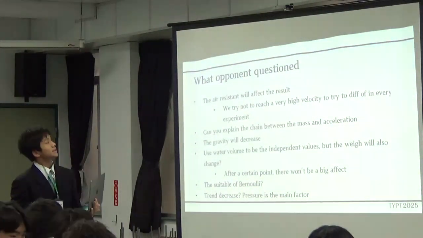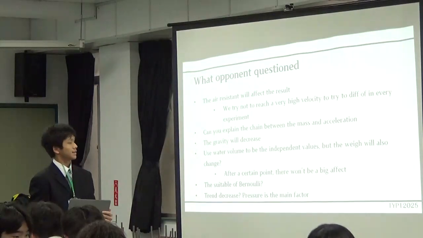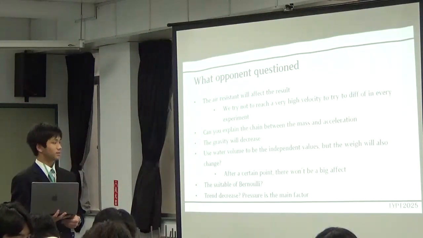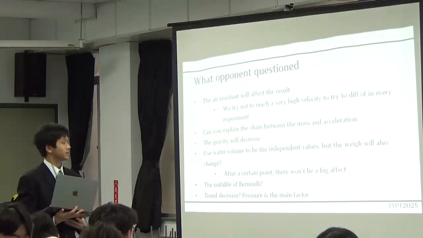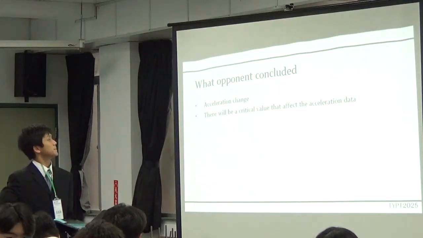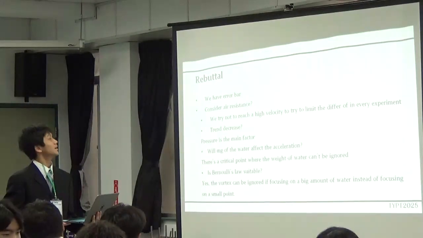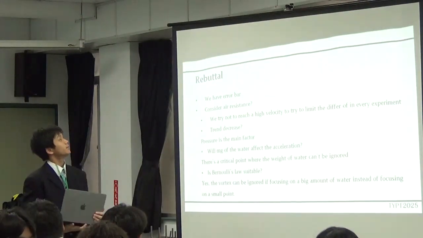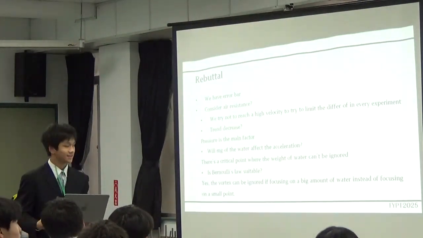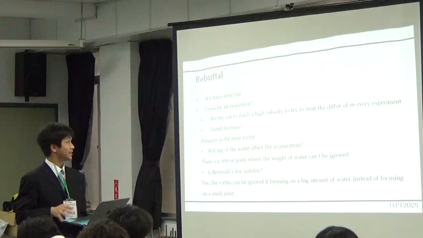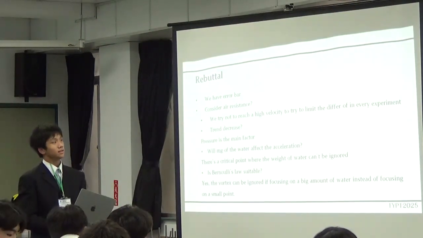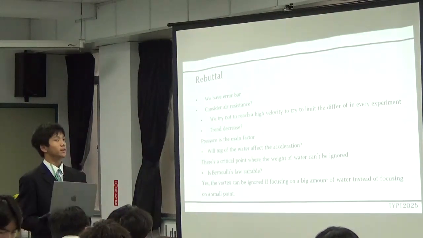These are the questions the opponent asked, and the main focus is whether Bernoulli's law is suitable for this, and we had a conversation about it. As for error bars, we had them, but maybe they didn't see them. About considering air resistance, we tried not to reach a high velocity to limit the differences in every experiment.